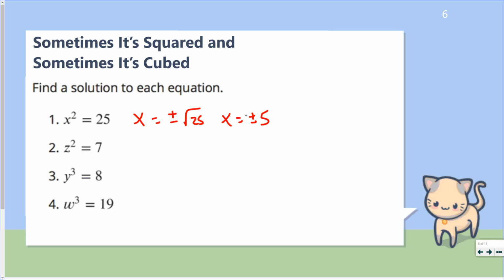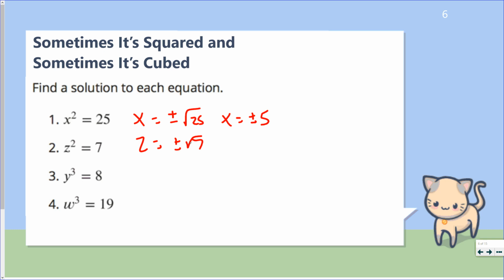And the same thing holds true any time we have to undo a square with a square root. If we try to undo this, we get z equals plus or minus root 7. And remember what I said when I asked you, what's the square root of 25? That's simply 5. But the plus or minus sign comes into play when we have to solve an equation by taking a square root.